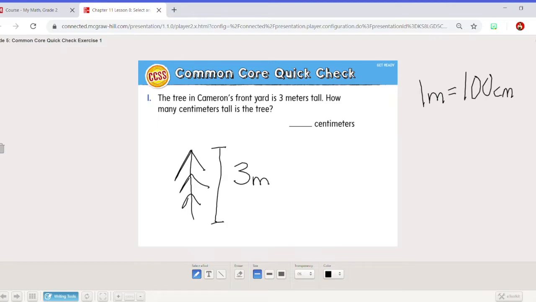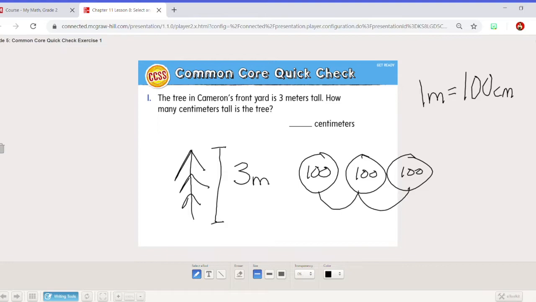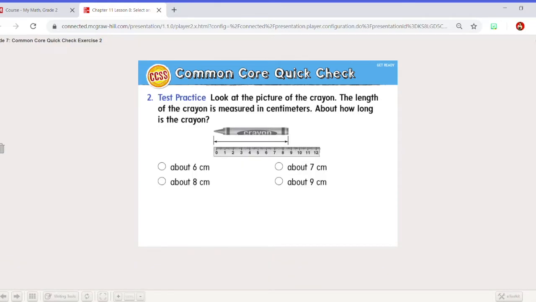So if we want to find out how many centimeters are in 3 meters, I'm just going to do 3 groups of 100. For me, this is the strategy I like to use because I can just count by hundreds and get the total. So I have 100, 200, 300, and that brings us to that 3 meters is the same as 300 centimeters.